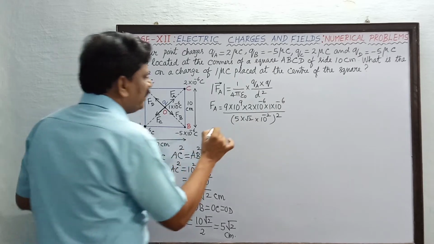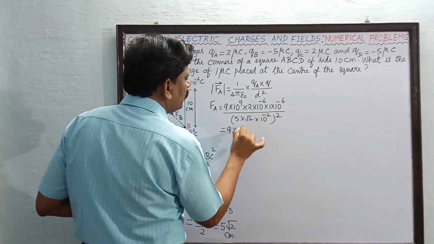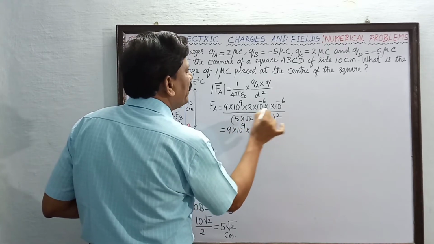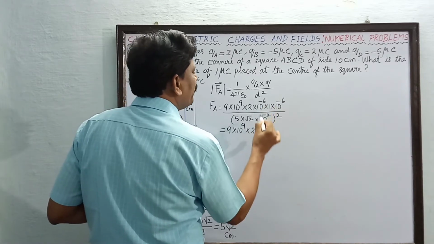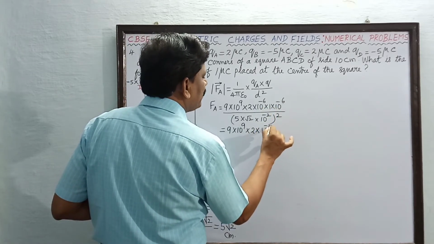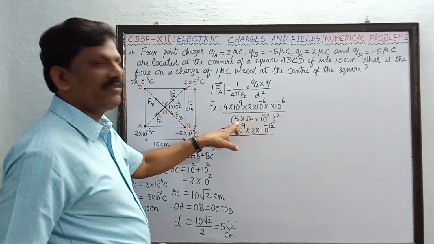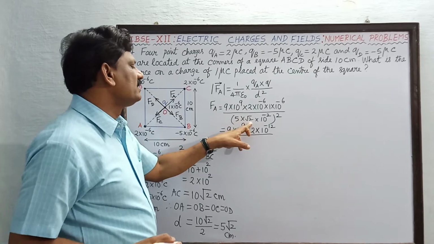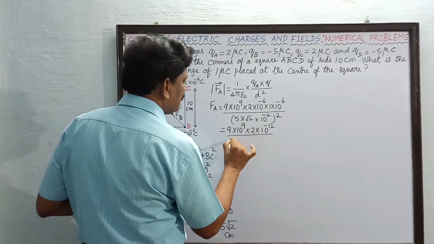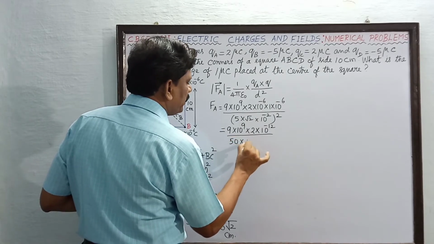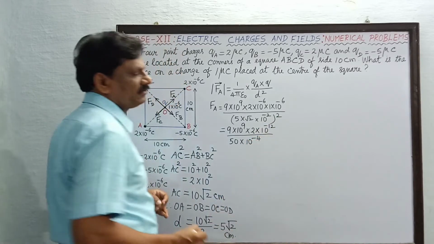So FA is 9 into 10 power 9 multiplied by 2 into 10 power minus 6 into 10 power minus 6, which becomes 10 power minus 12, divided by 5 square, which is 25, into 2, so 50 into 10 to the power of minus 2 the whole square, that is minus 4.